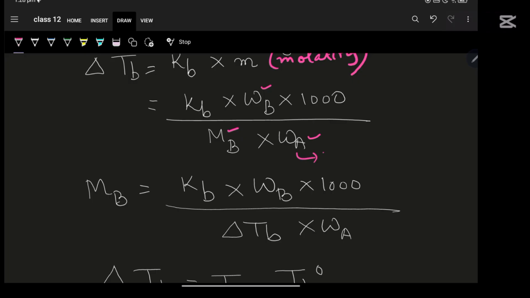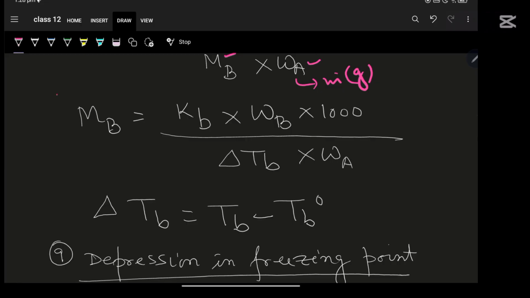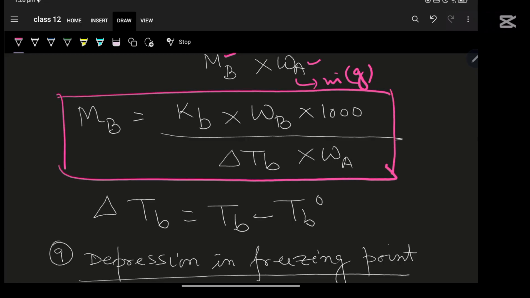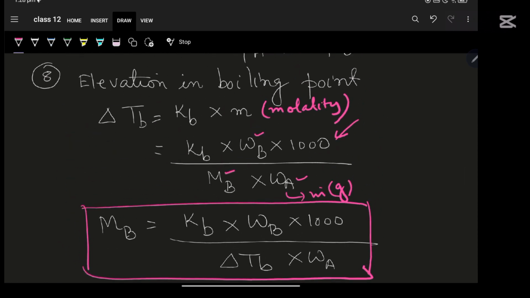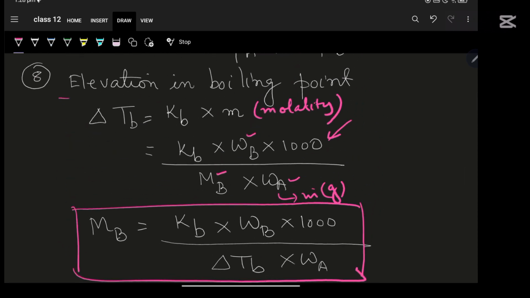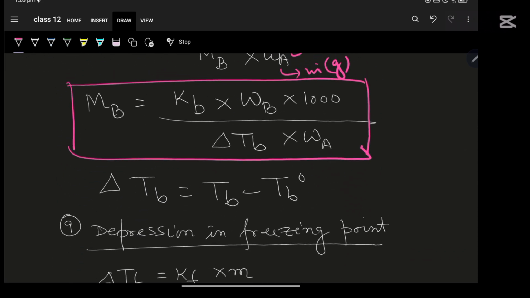So if this is given in gram, you multiply it by 1000. From here you can find the molecular mass of the component B using the colligative property which is elevation in boiling point, delta TB.